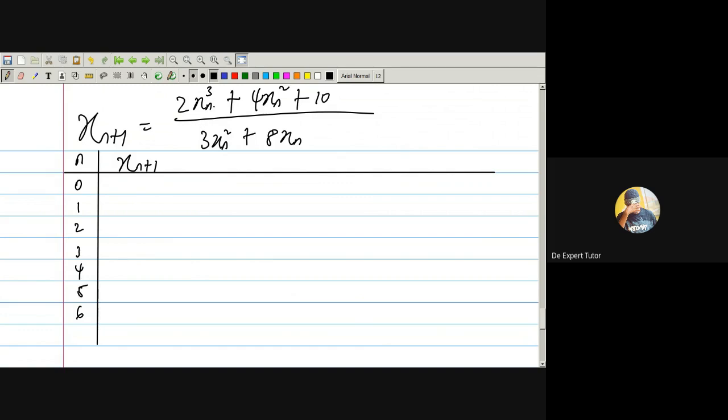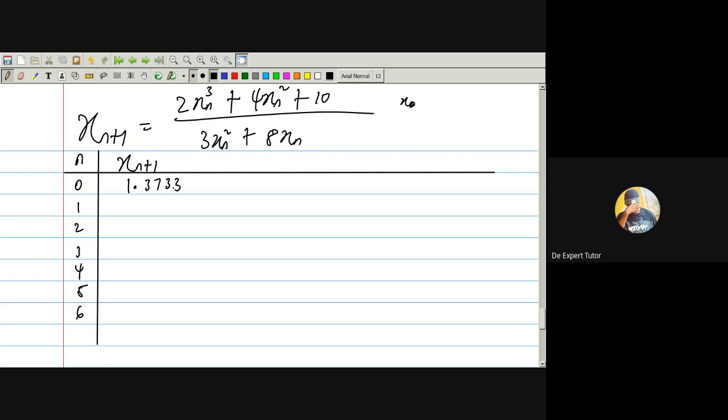Just say 2x cubed plus 4x squared plus 10, then 3x squared, then press calculate. So the first x that you are going to be using will be x naught. Here you substitute x naught. And our x naught is 1.5. So what do you get?